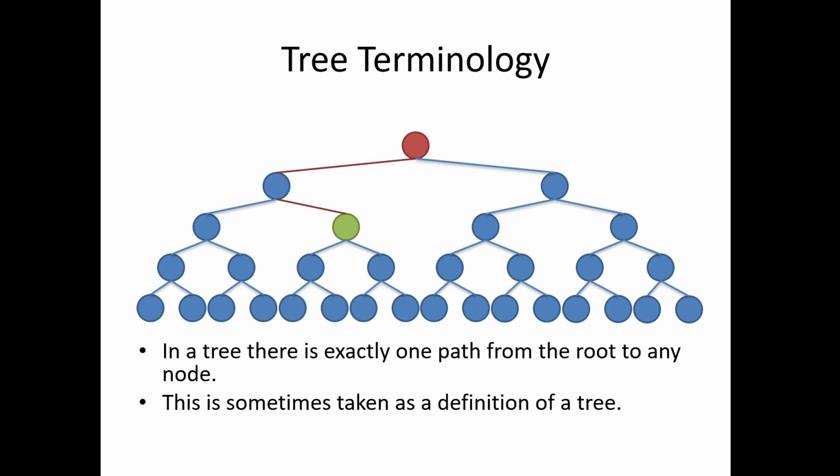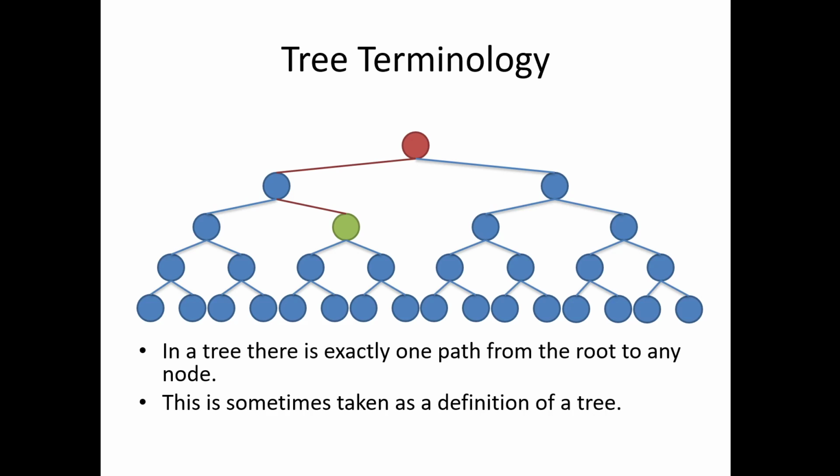And we can actually use this notion of a path to come up with a more formal definition of what a tree is. Some take the definition of a tree to be that there is going to exist exactly one path from the root node to any node.